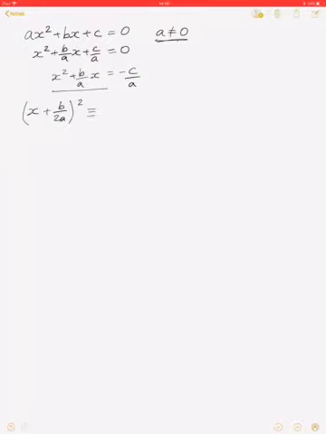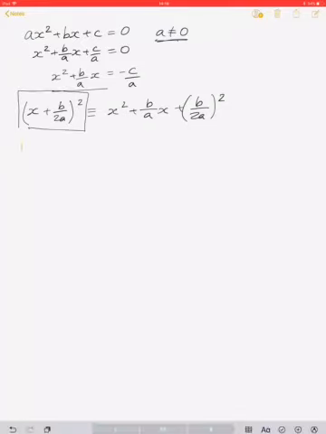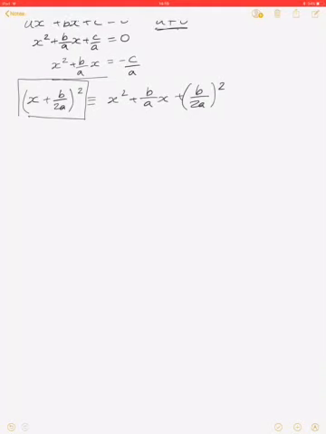squared. That's equivalent to x squared plus b over a x plus b over 2a squared. So this expression here is equal to that expression there. That's the same as that there, but with a little bit added on, this extra bit here.